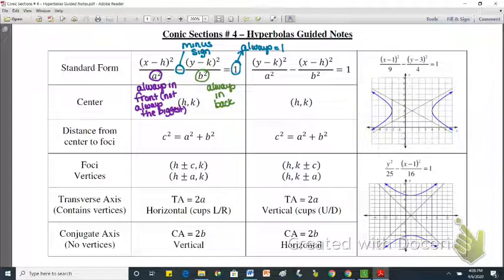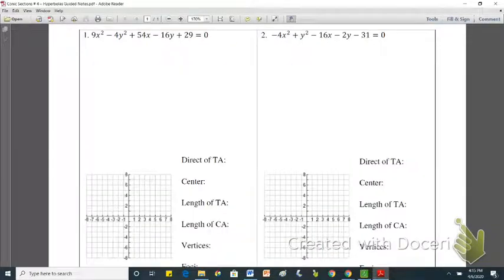Just like yesterday, I'm not going to focus on the foci or the distance from the center to the foci, but we are going to have to do the vertices. So just like we've been doing for any of the conic sections, we are going to start by grouping our like terms together.